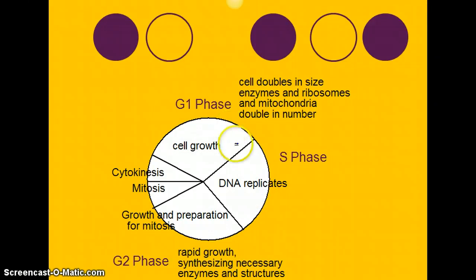Many cells might not ever go to the S phase. They might stay in the G1 phase. They've grown, and that's where they are. They don't really make any more of themselves. If they are a cell that needs to replicate or repair itself, then it'll go to the S phase. After the S phase, we have the G2 phase, another growth phase where we get some extra enzymes and things that prepare it for mitosis, for the division.